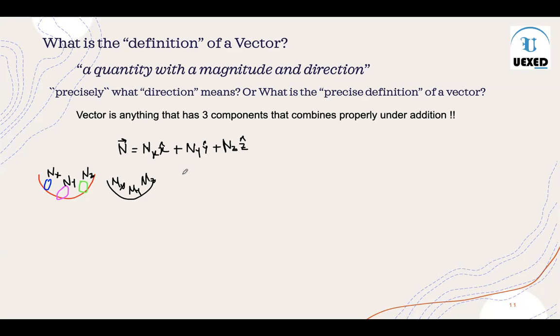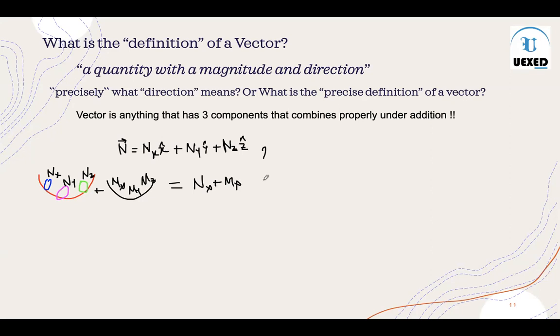Then again, if I sum it up, obviously we can sum it up, because we wrote the n vector and we can also write the m vector, right? When we sum it up, the x component is nx plus mx.